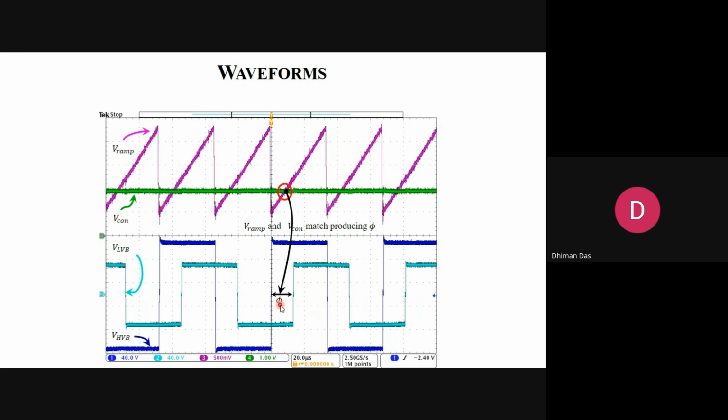Similarly, this phi will also oscillate at 1 kilohertz, so my output current will also oscillate with phi. So indirectly, this is my control signal, and if you measure the output current, you can make a relation of how the output current is affected by changes in the control signal.